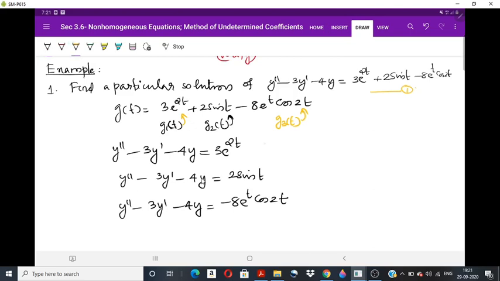These are the three corresponding equations.